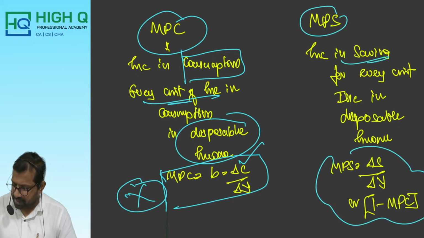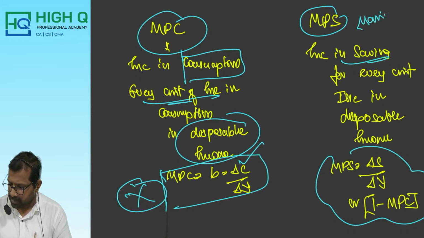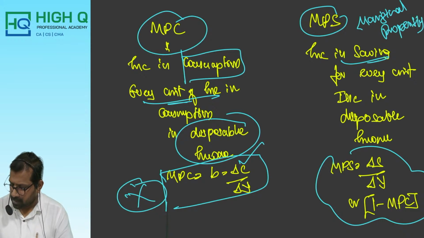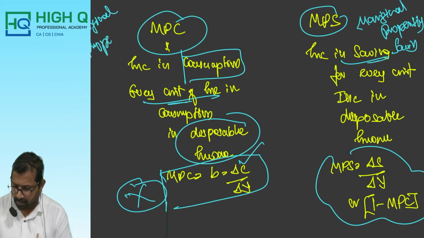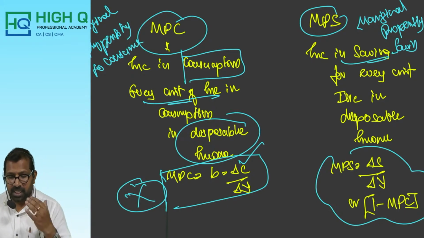Here MPS represents marginal propensity to save, and marginal propensity to consume is called MPC. So there is a difference between MPC and MPS.